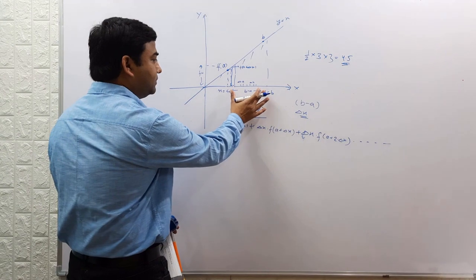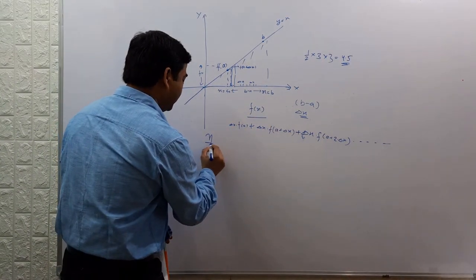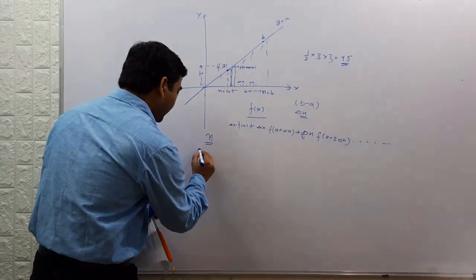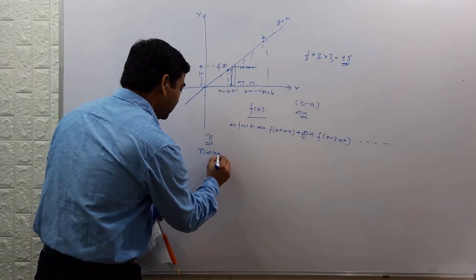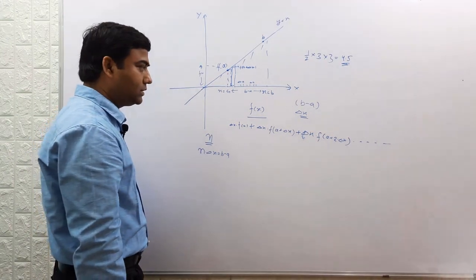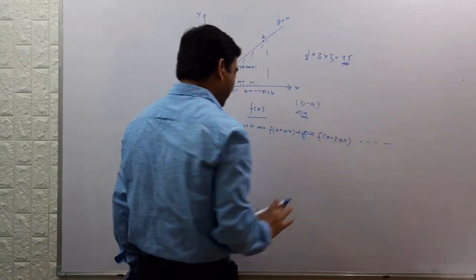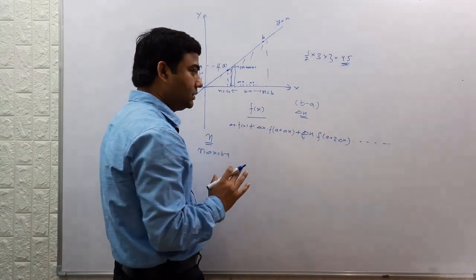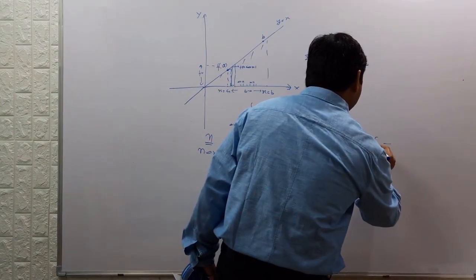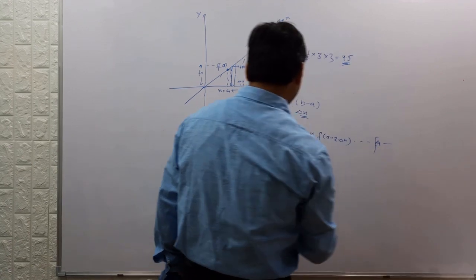We have divided this length b minus a into n number of parts. Then n into delta x is equal to b minus a. So this whole expression will have n terms.